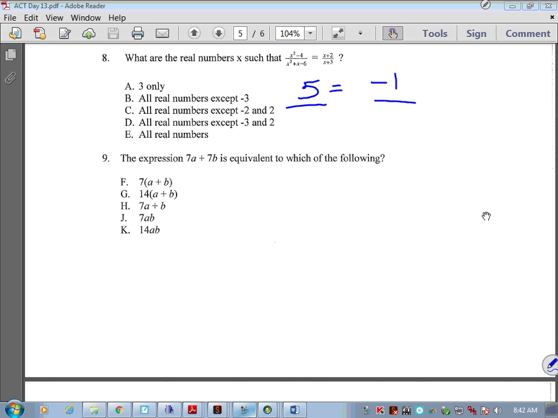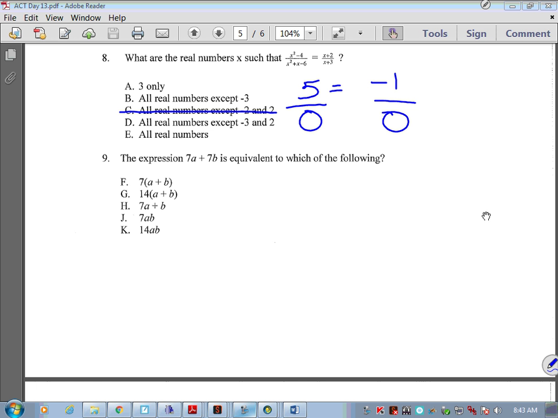Well, that's 0, right? But before you get in too much of an uproar, what is negative 3 plus 3? 0. So both of those come out to be undefined. We know that negative 3 doesn't work.